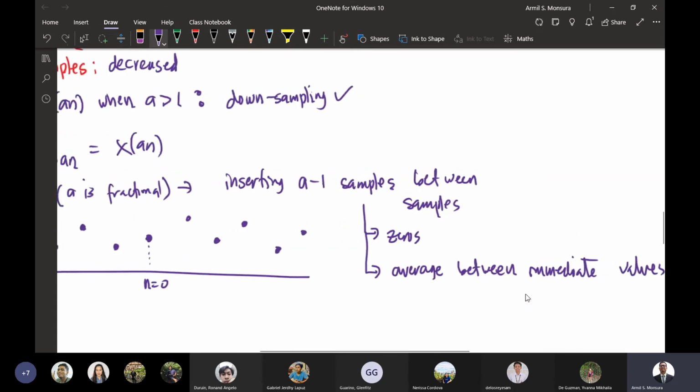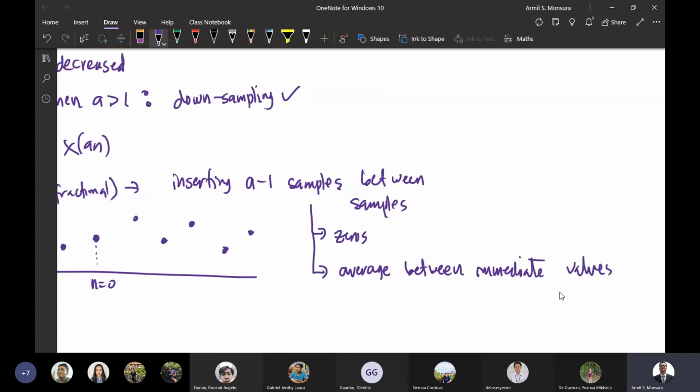Okay, pwede niyo kunin yung values surrounding the point where you would insert the sample. Tapos yung magiging average nun, yun yung isisingit mo na value. Okay? Naintindihan ba? Or minsan hindi average eh. Minsan ginagamit din nila maximum.